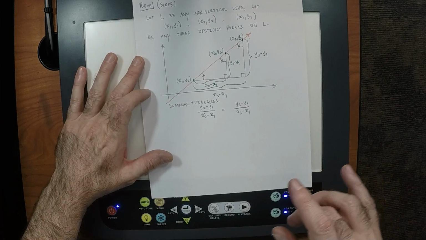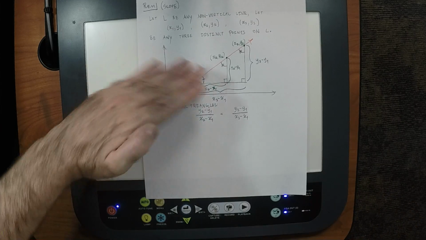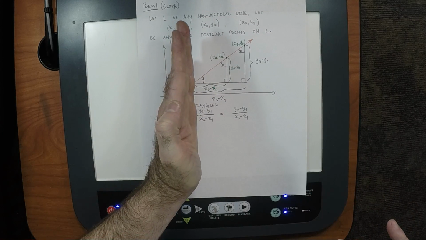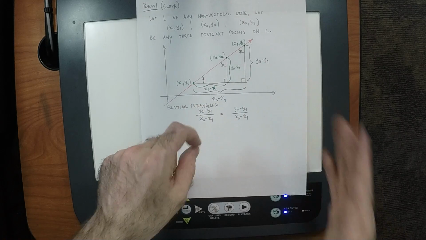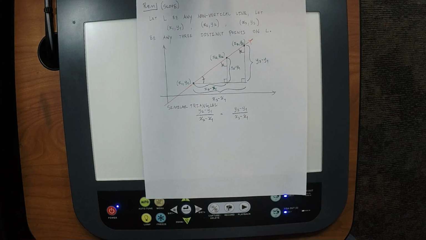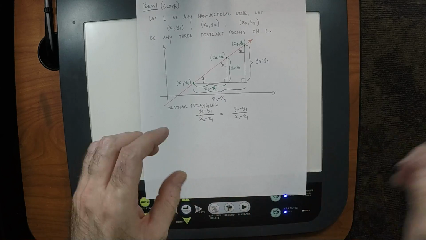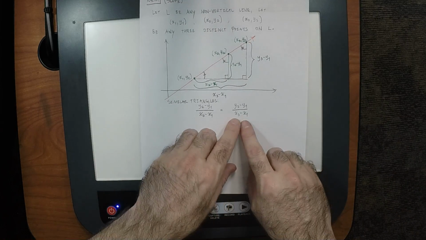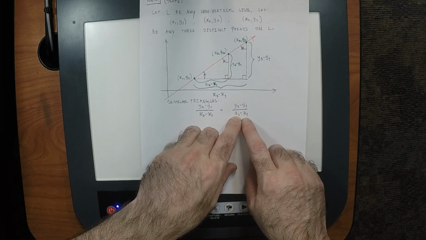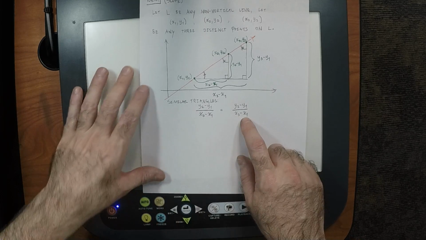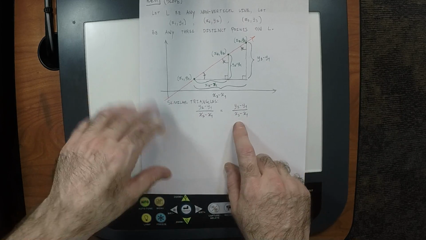From an algebraic point of view, if it were a vertical line, then all of the points that I selected would be lined up vertically, which means they would all have the same x value. So in the vertical case, what would x3 minus x1 be? It'd be 0. So algebraically, we wouldn't be able to proceed because this would be a division by 0.